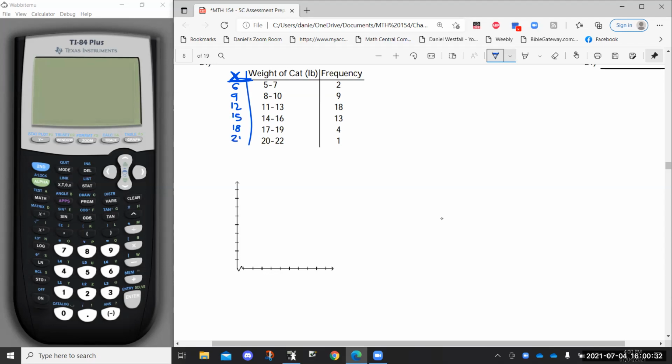Find the next class mark, and those points are going to represent 6, then 9.